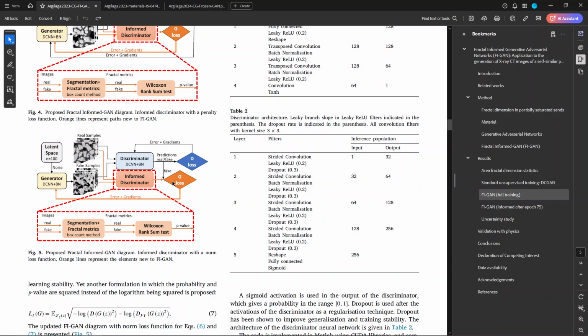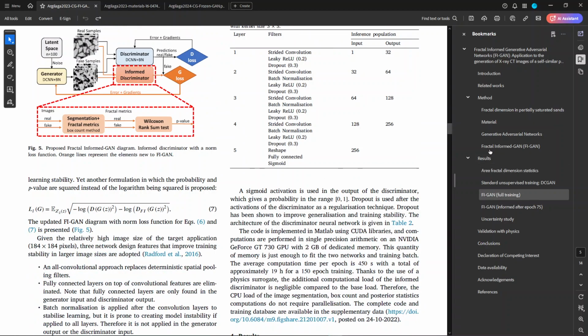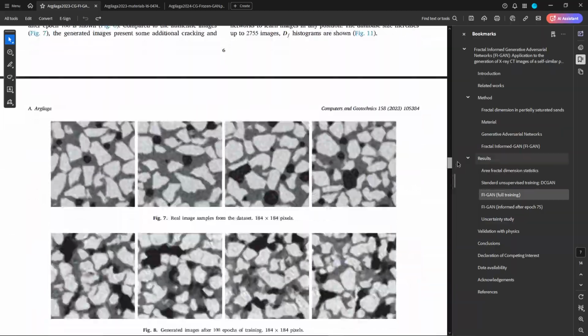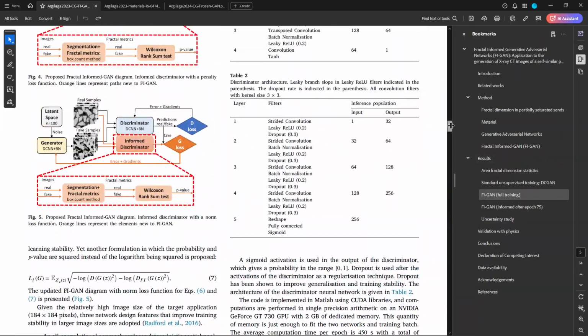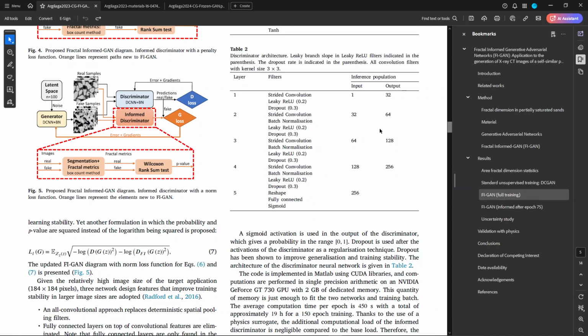So we don't know the distribution, we cannot assume normality. That's why we use the Wilcoxon rank sum test. Okay, and from this we infer some p-values that will be used by the loss function to compute errors and gradients.